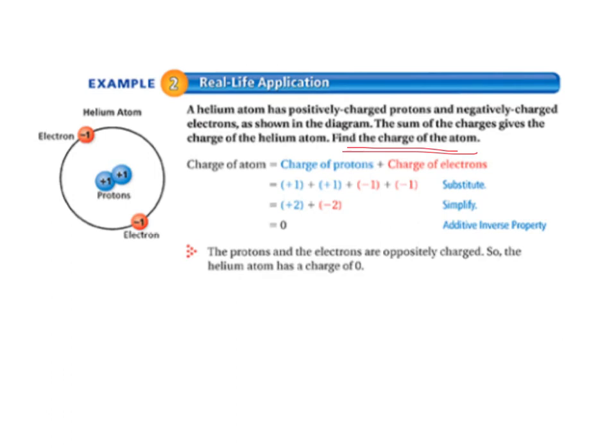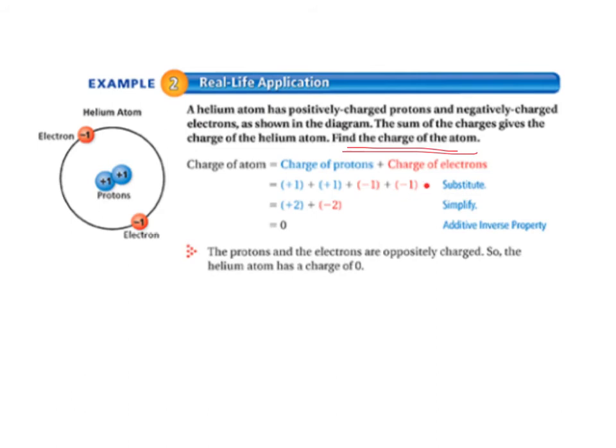If we look at our diagram, we can see that our protons are +1 and +1, so that's +1 plus +1, and then our electrons are red, so that's -1 plus -1.